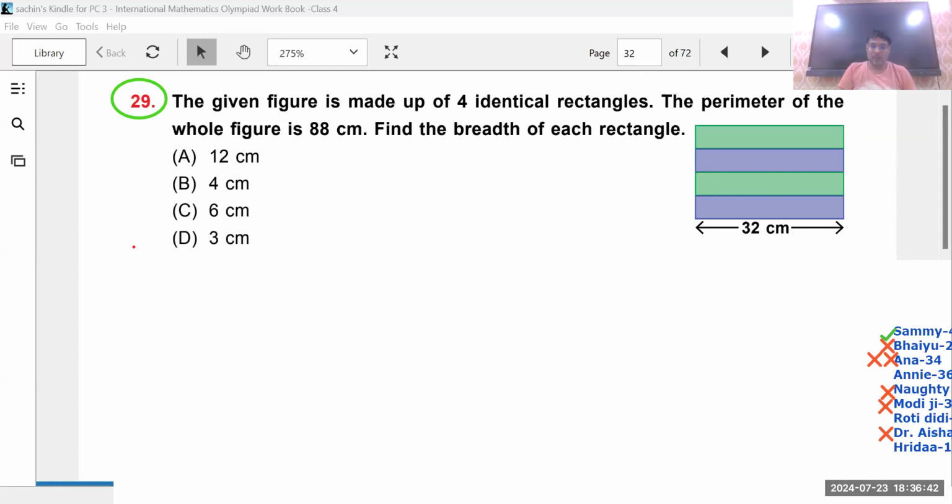Sir, she's not in the meeting. She got disconnected. But I have sent my answer. I was not checking. Send again. Sir, I have sent it now.